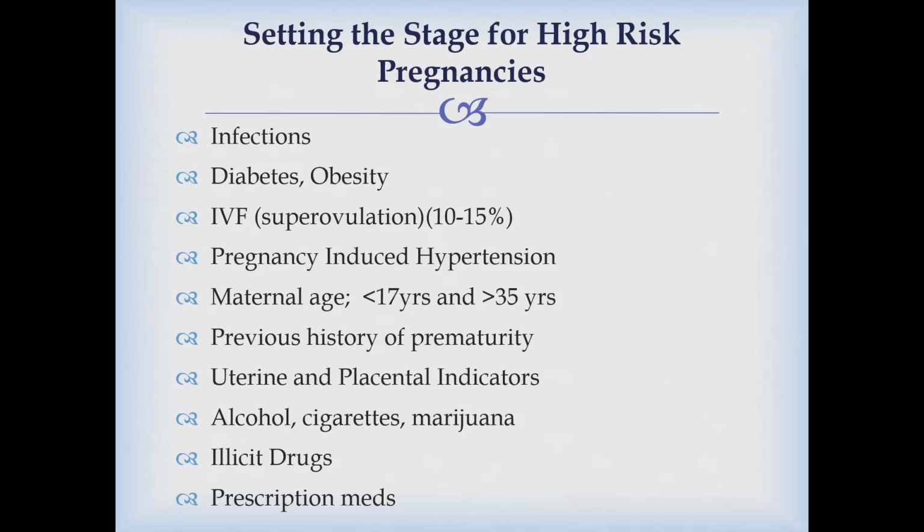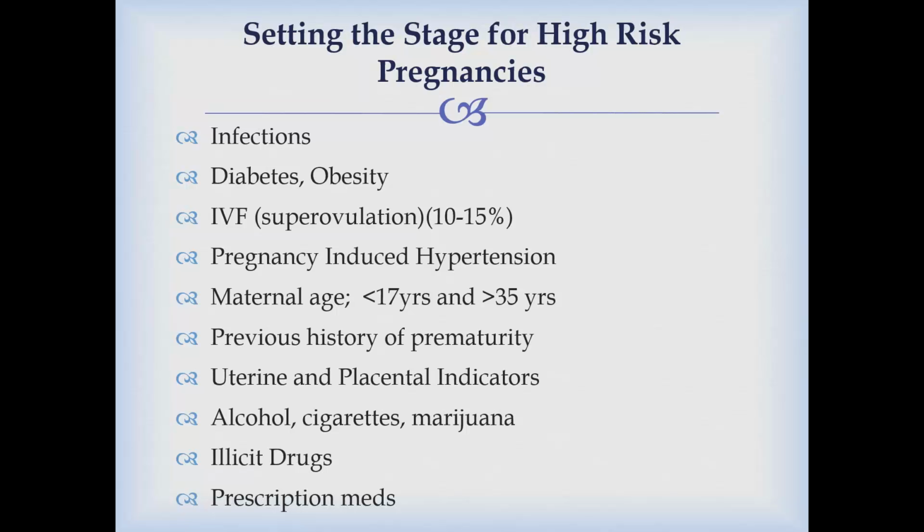Certainly when we talk about the mother-child interaction during pregnancy, it is a complicated one, and there are many, many factors that we take into consideration when talking about the health and well-being of both mother and fetus.